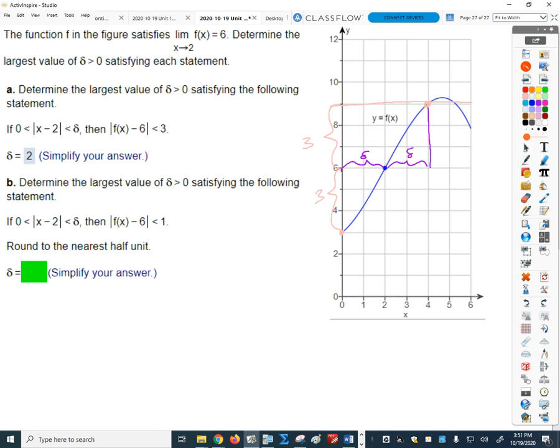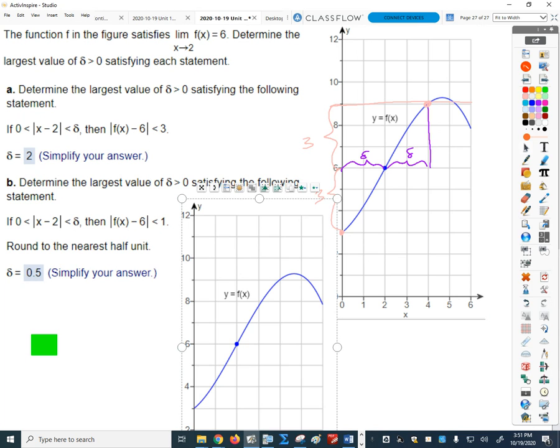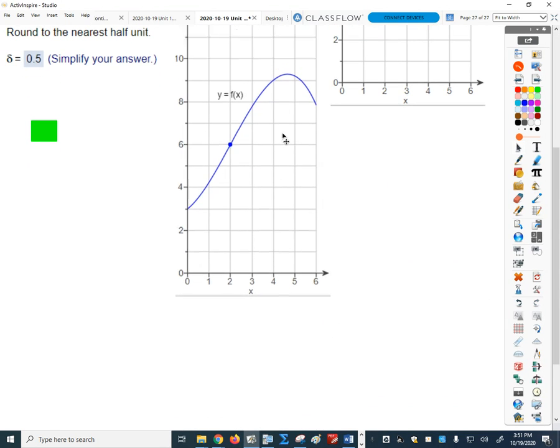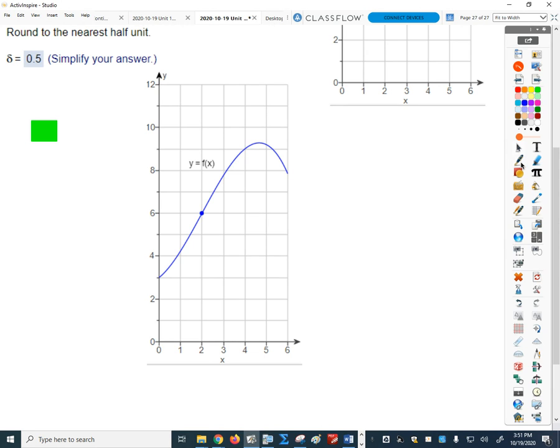What if we made epsilon 1? Well, if I'm going up 1 or down 1, 6 plus 1 is 7, 6 minus 1 is 5.